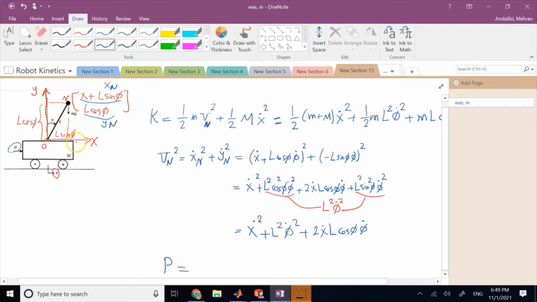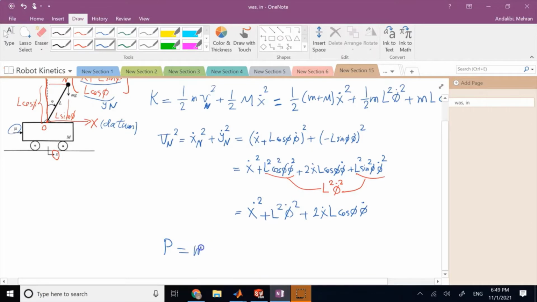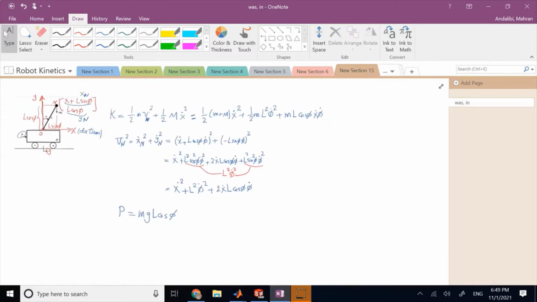And if you consider your x-axis to also be the datum of your potential energy, then the potential energy is going to be L cosine phi, which is y, times mg, correct? So it is going to be mg times L times cosine of phi. And then if you subtract them, that's where you get your Lagrangian.